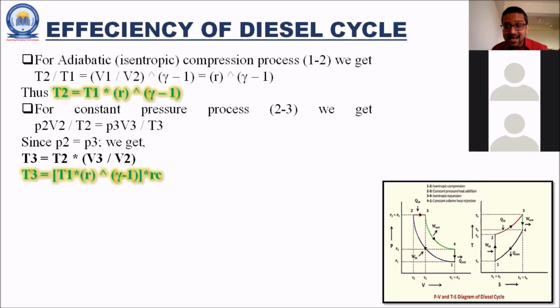So our second target of finding out the value of T3 in terms of T1 is again successful. Is it clear to all the students? Have you understood up till this point how we have calculated the value of T3 in terms of T1?